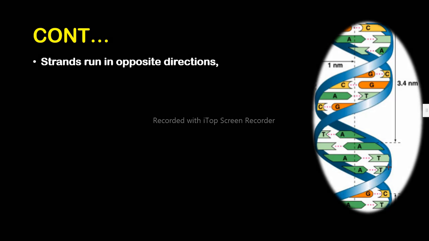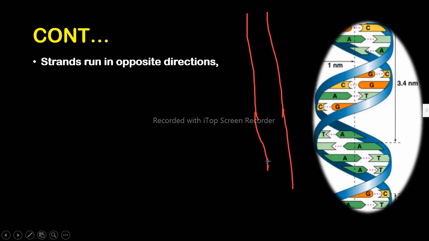So if you have a look at this, the two strands are parallel to each other, but they are not as straight as you may think a ladder is, but rather they are strongly wound, strongly twisted, to give that helical structure.